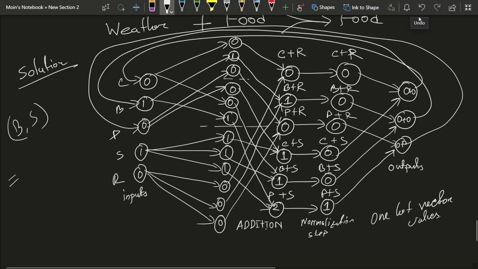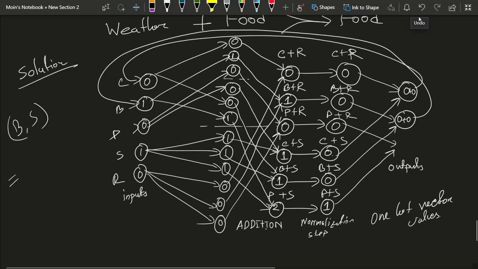P is a 0 and here P is 1. So the value of this gets 1, and the value of the upper two is 0 and 0.